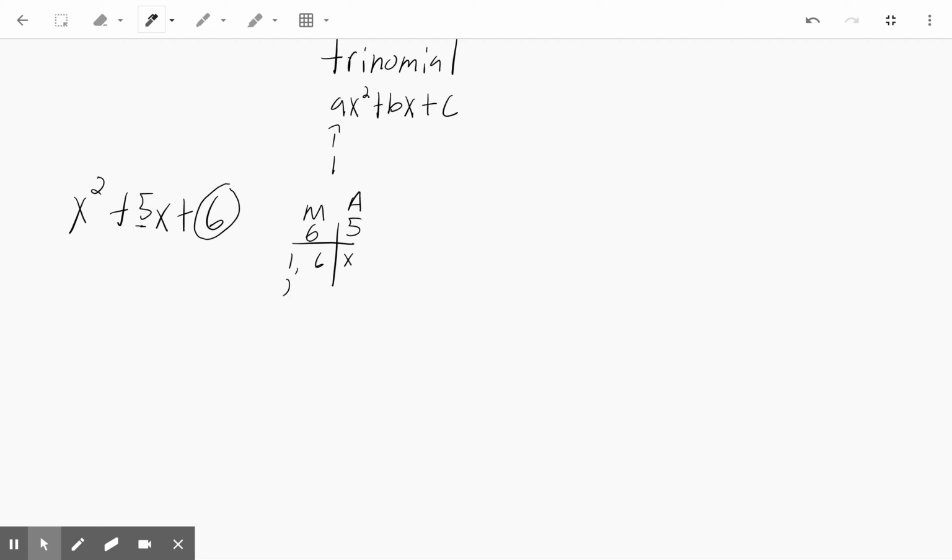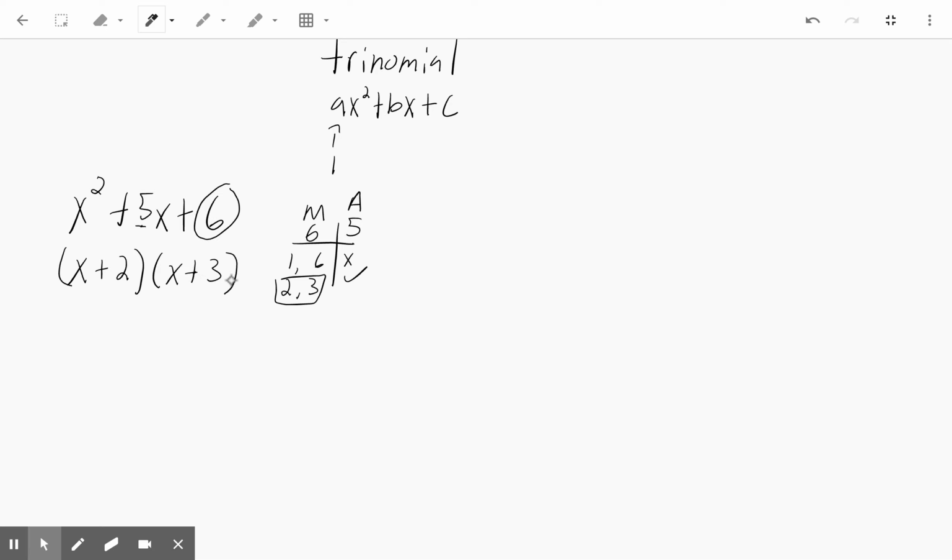Then what's next? 2 and 3. Do those add to equal 5? Yes. So those are the two numbers we're looking for. Then we come back over to our trinomial, and we say x plus 2 times x plus 3.